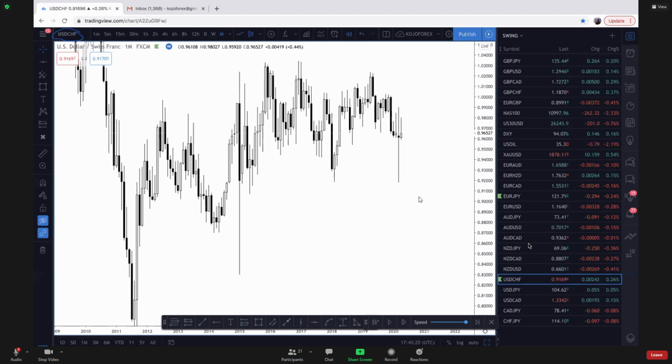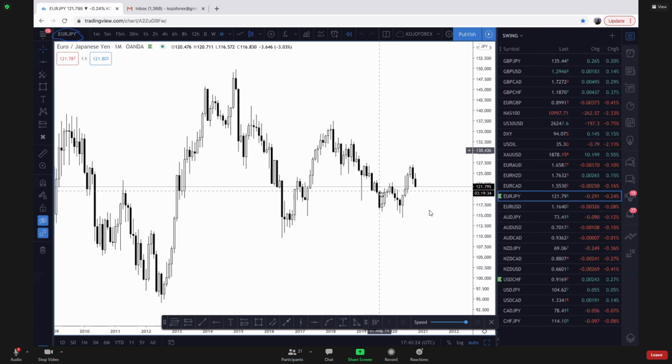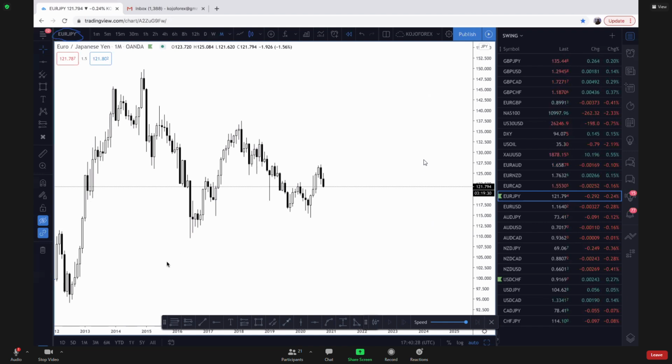About the top-down analysis. This is Euro Japanese yen, right? If you look at Euro Japanese yen, you can see that prior to even this movement here, my 1,000 pip was picked from a range like this. I was using this one prior to this big dip here.